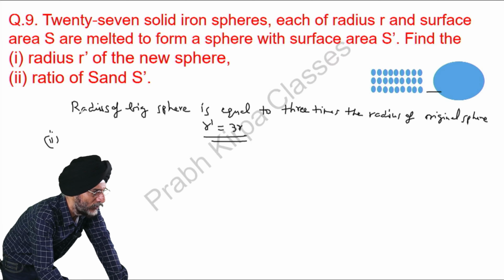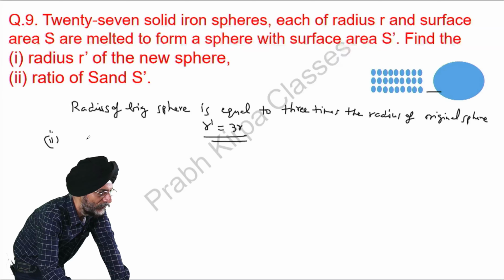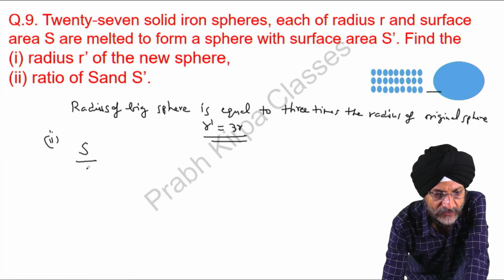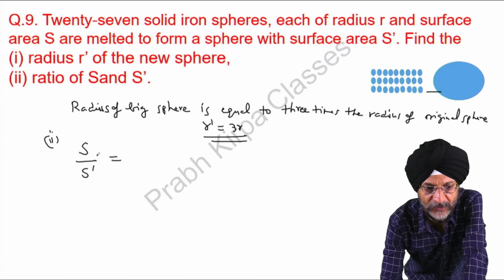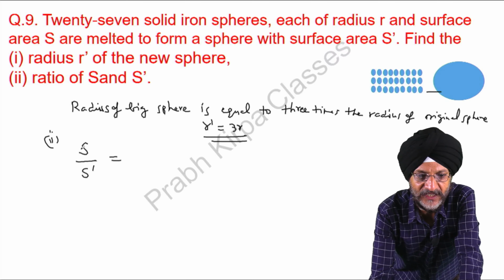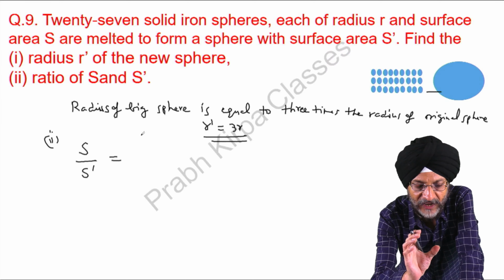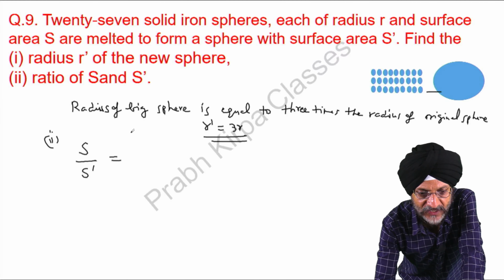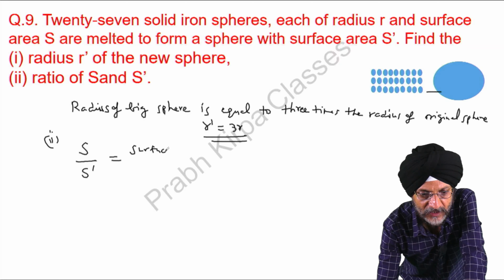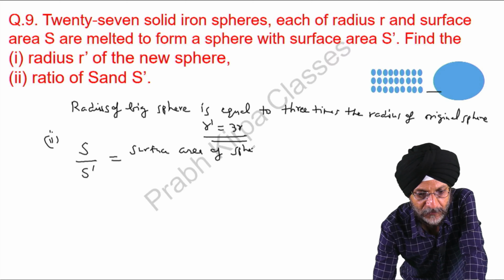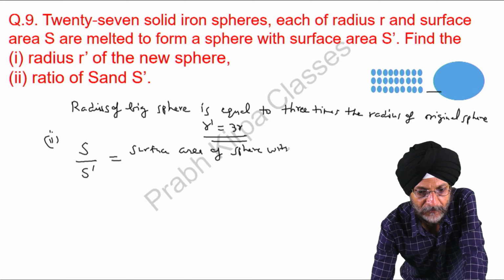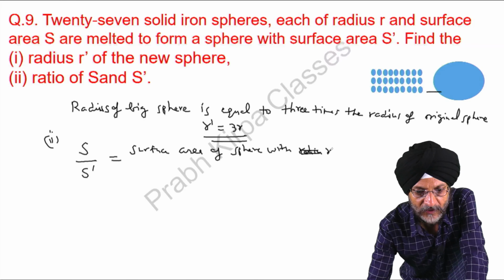Now what we have to calculate is the ratio of s and s dash. It means the surface area of the sphere having radius r and the surface area of the sphere with radius r dash.